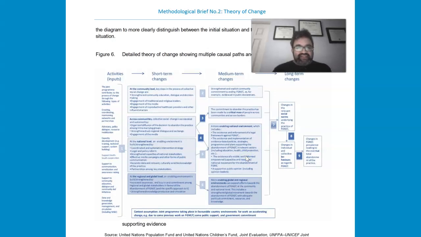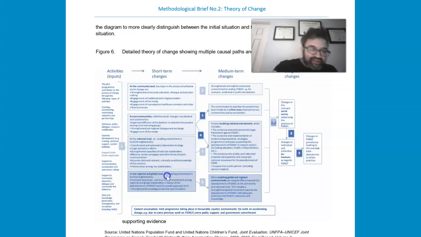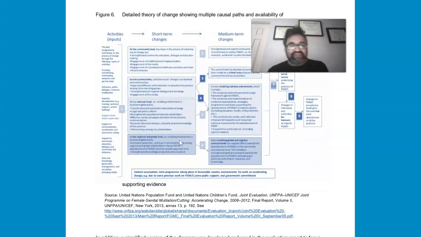So the next one is detailed theories of change showing multiple causal pathways and availability of supporting evidence for female genital mutilation and cutting. And that's what I was getting at before. And it starts with the activities. There's a joint program that contributes to the process of change through the following types of activities.